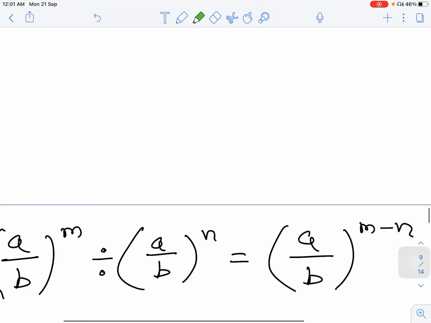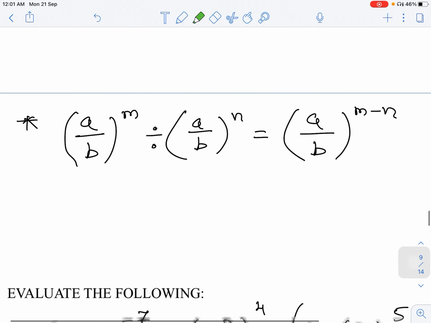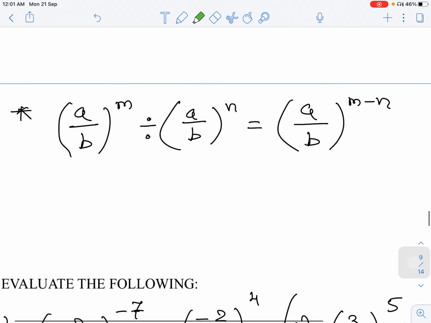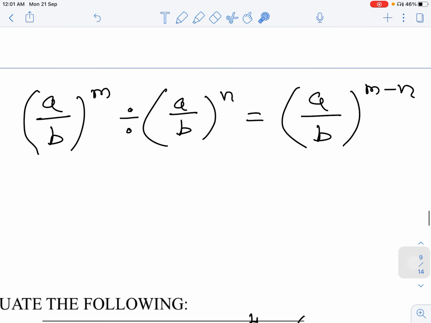Now let us look at next rule, that is third rule. Now here it is given that if two numbers, that is a upon b, a upon b, again they are having same base and different powers, if they are dividing each other, then at that time what we will do?